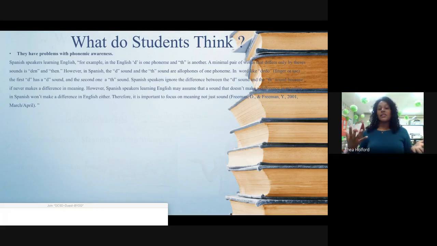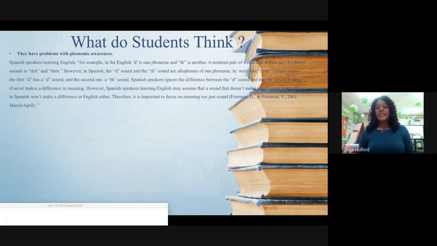English, D is one phoneme and the th is another. A minimal pair of words that differs only by these sounds is then and den. However, in Spanish, the D sound and the th sound are allophones of one phoneme.